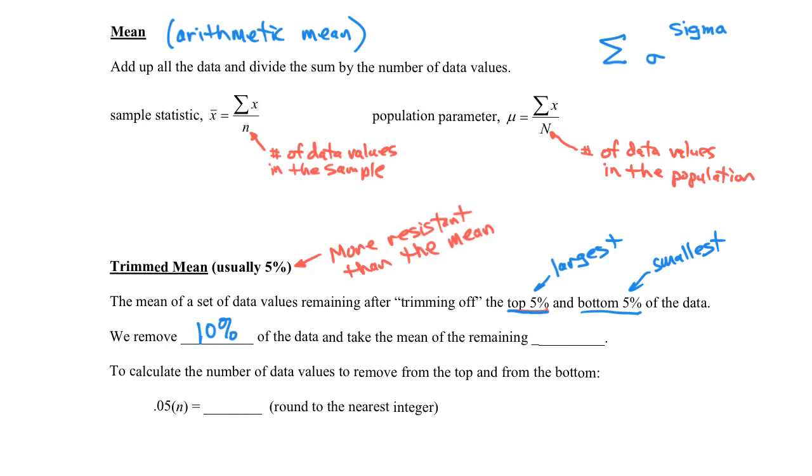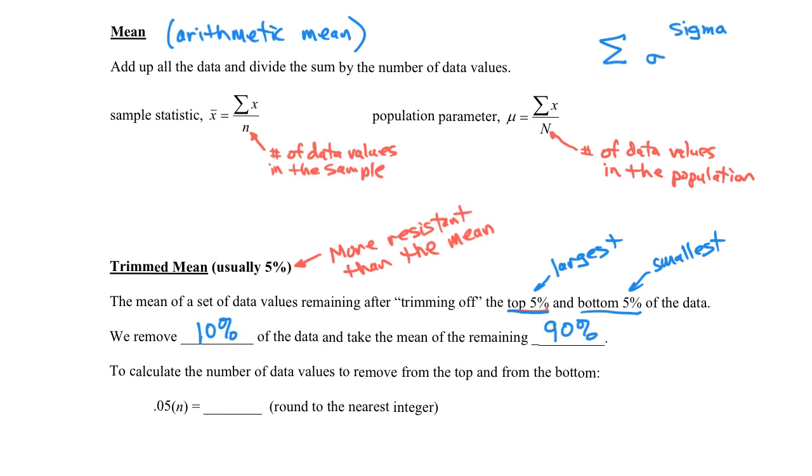So we remove 10% of the data, we're left with 90%. And the key here is that if there are any large numbers or small numbers, we should trim them off, right? Because we're specifically trimming off the top 5% and the bottom 5%. So we don't count those. We take the mean of the remaining 90%, and it just makes a trimmed mean that's more resistant.